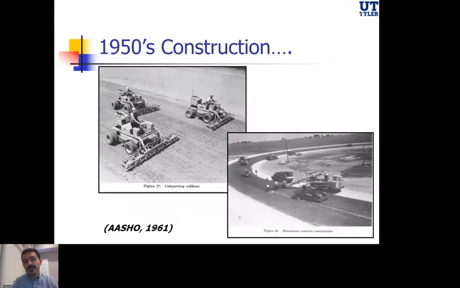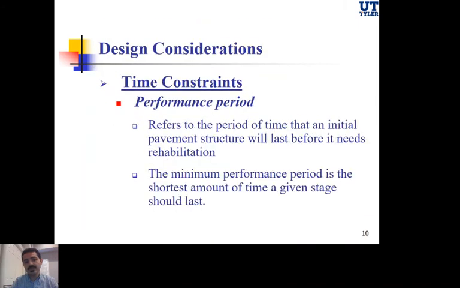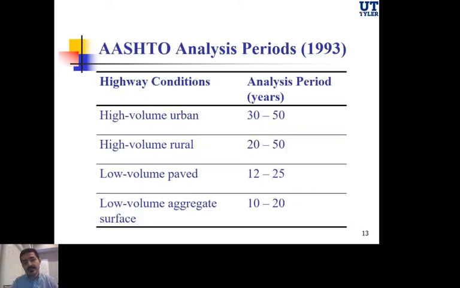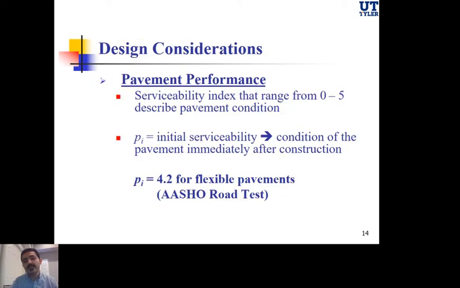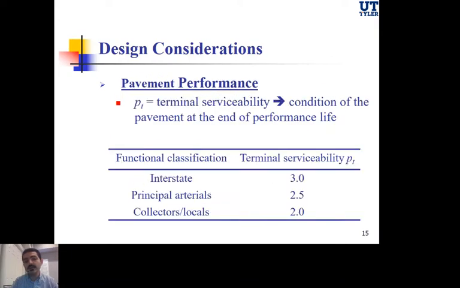We've talked about different factors that get into the design, from the definition of the performance period versus the analysis period, and then the pavement performance in terms of the serviceability index. So we can start from an initial serviceability index, roughly about 4.2 for flexible pavement, and with time we need to determine the failure criteria for any one of the functional classifications of highways.